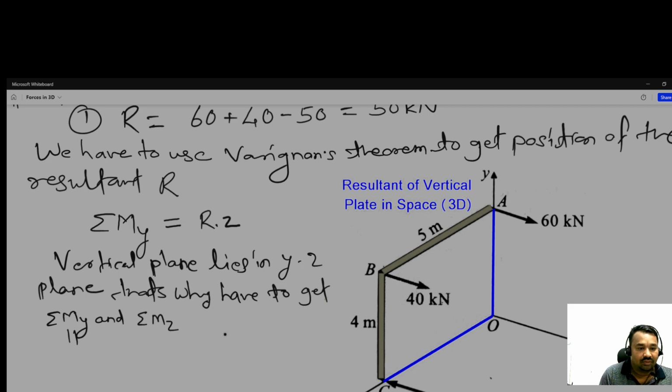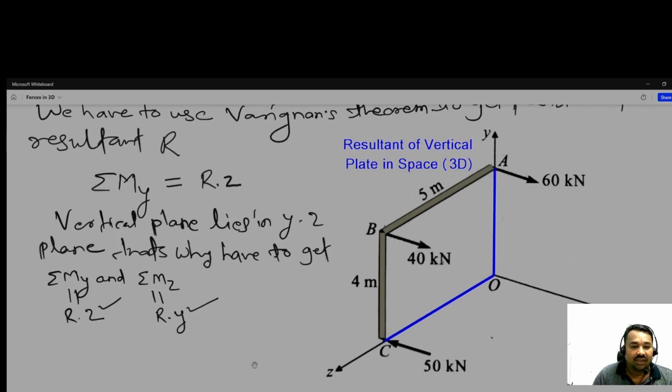So this is equal to R z and this is equal to R x. This Mz is equal to R y. Okay, so we have to know the y coordinate and the z coordinate of the resultant.